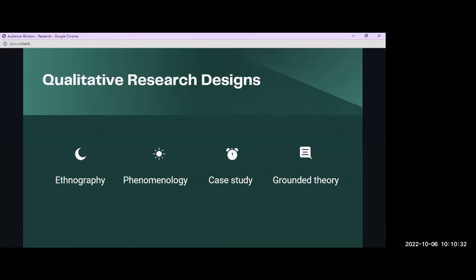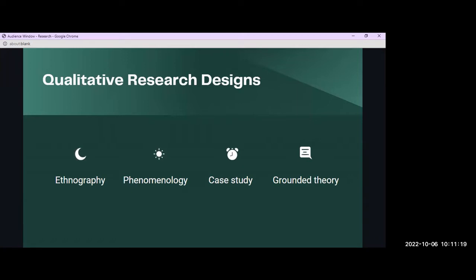So phenomenology understands the experiences, the everyday experiences of human beings, and later on to have deeper insights from those lived experiences, and you can already understand those particular experiences and the meaning of the experiences, so you can interpret the participants' feelings, perceptions, beliefs, and clarify the essence of the phenomenon that you wanted to investigate.